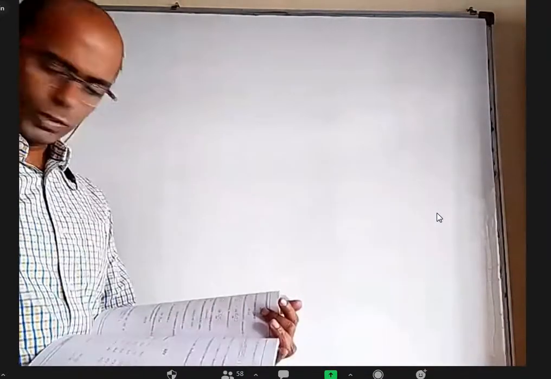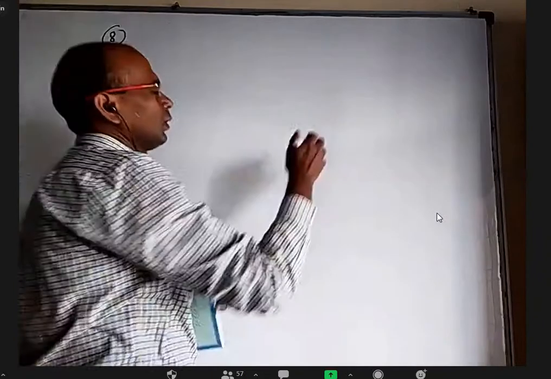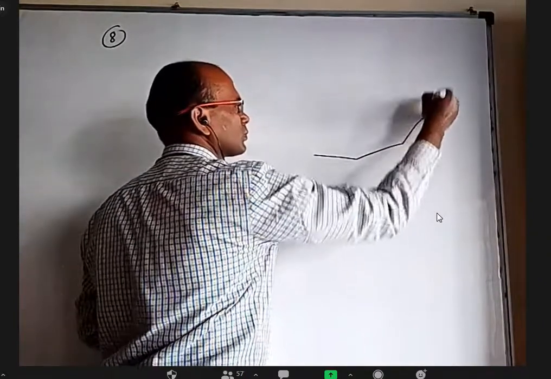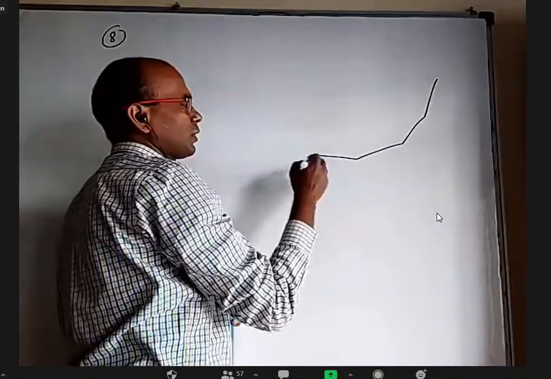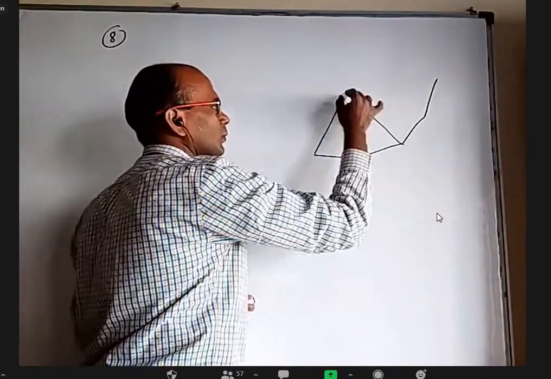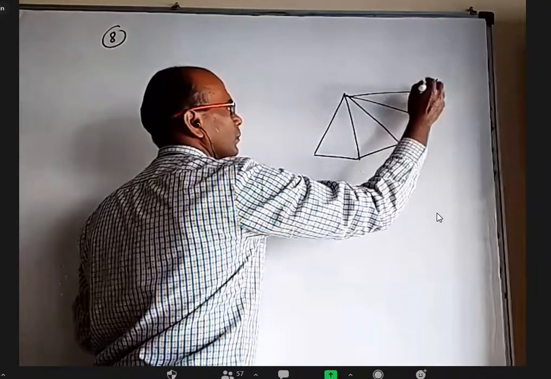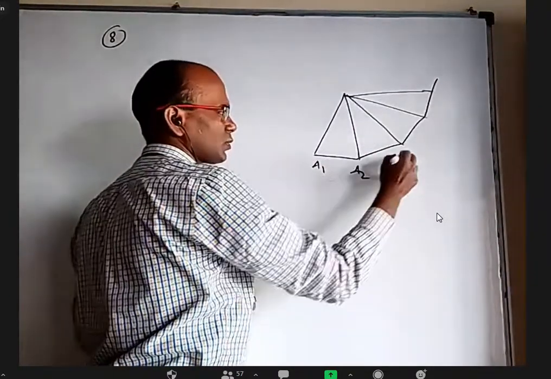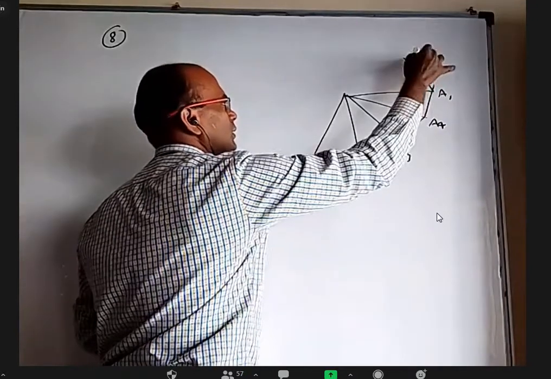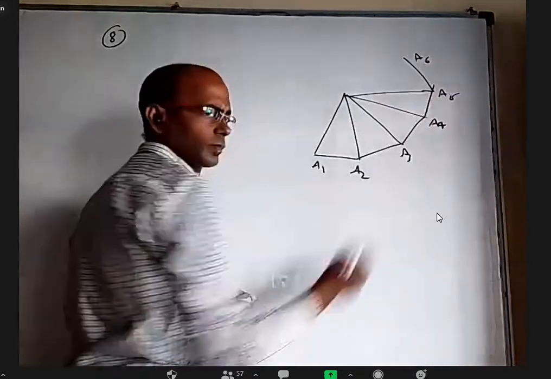Okay, coming to this numerical 8th question, which is also related to polygons. I'm not drawing the full polygon, but if I take the center, this is A1, A2, A3, A4, A5, A6, and so on, the polygon.